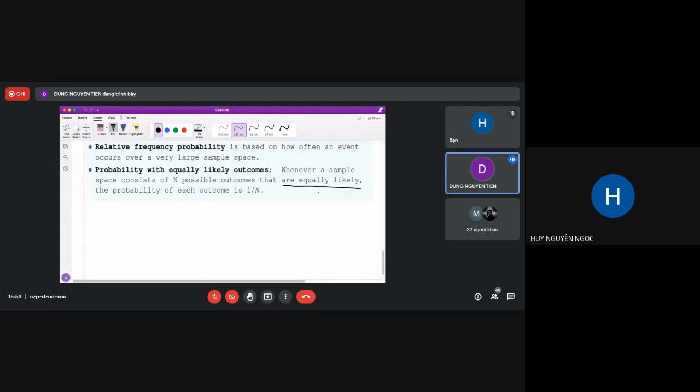Just think about the example of flipping 2 coins, and you count the number of heads. Then you have 3 options, right? You can get no head, exactly 1 head, and 2 heads. What is the chance to get exactly 2 heads? Do you think that the chance is 1/3 because you have 3 options? Not really, right? The chance is actually 1 over 4.